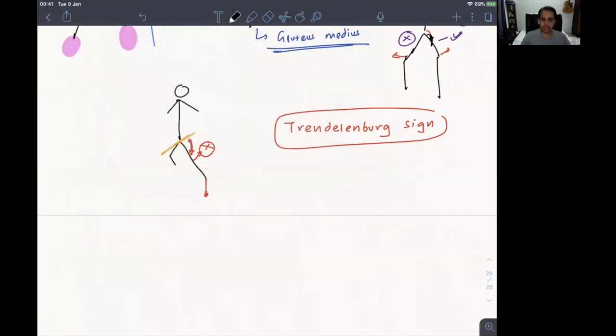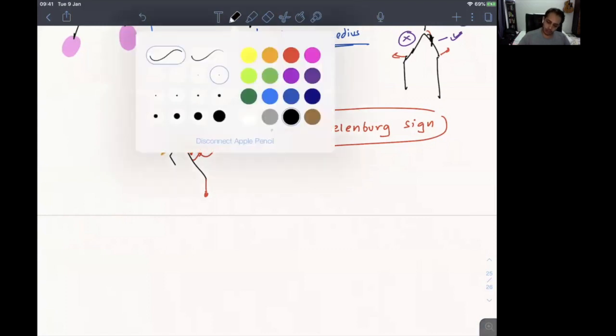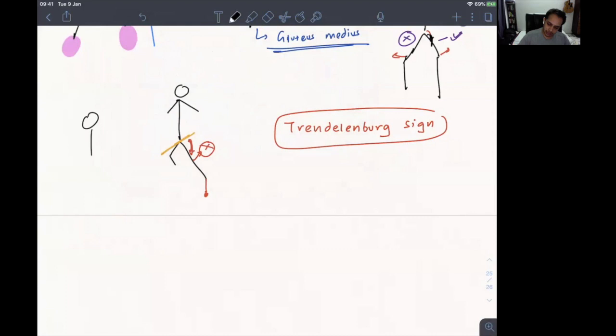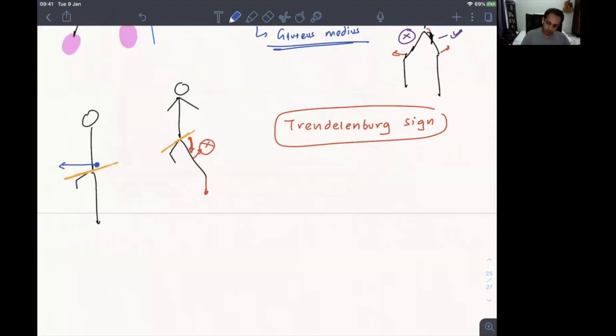Now, what does this do? So now if this person has lifted one leg and is standing on one leg and the pelvic bone has dropped, the problem is that the center of gravity, which is usually in the center, around S2, will shift because now this has dropped here.